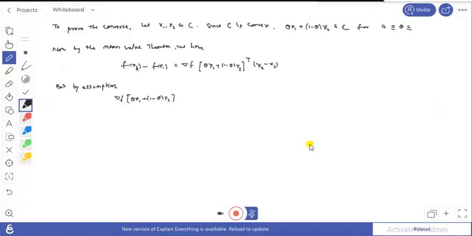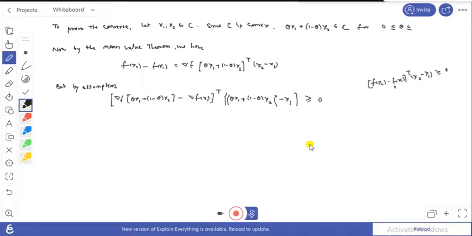this gradient of f at theta x1 plus 1 minus theta x2, if we take here x2 in place of x2, we take any point which belongs to that set C, minus gradient of f at x1, and we take this transpose, this into x2 minus, this term, theta x1 plus 1 minus theta x2, minus x1, this is greater than or equal to 0, because you have proved that if this condition is satisfied, and that condition is gradient f at x2 minus gradient f at x1, transpose, x2 minus x1, is greater than or equal to 0.